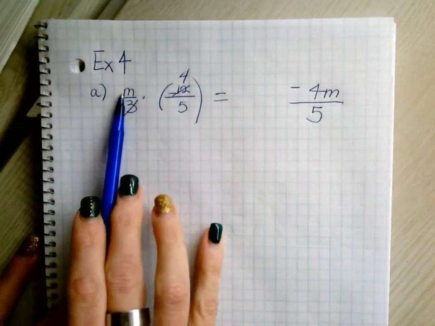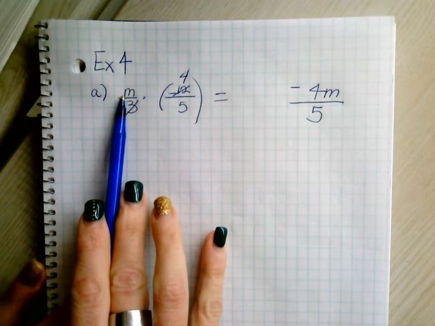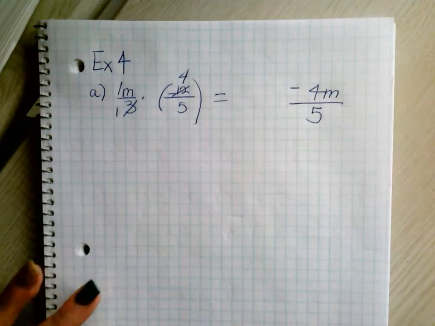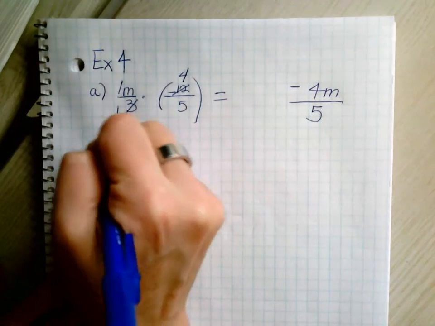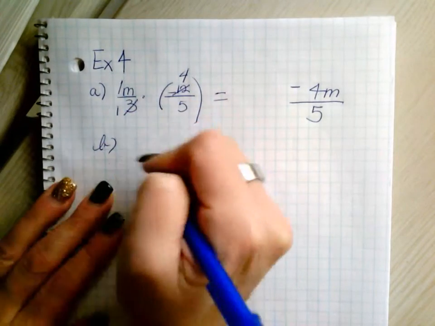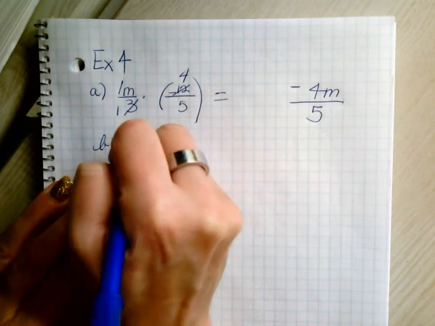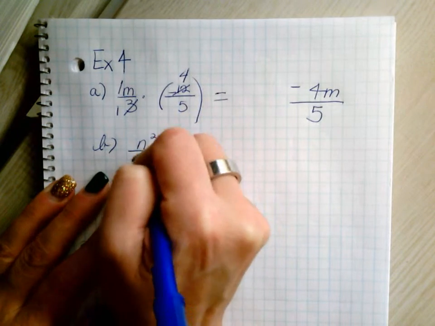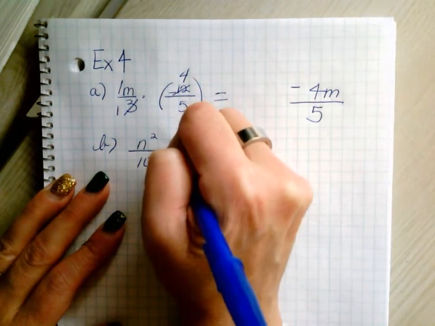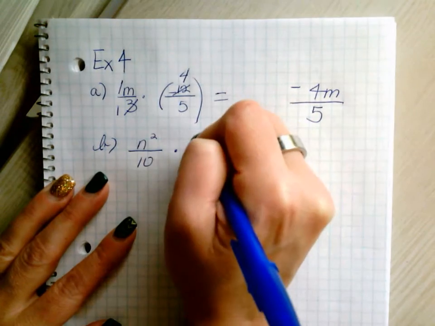Remember, if it does not have a number preceding the variable, that number is understood to be a 1. Letter B. N squared over 10 multiplied by 5n cubed over 9.